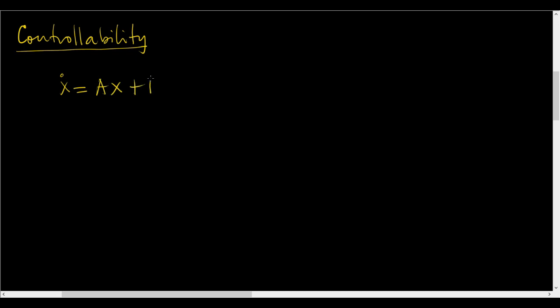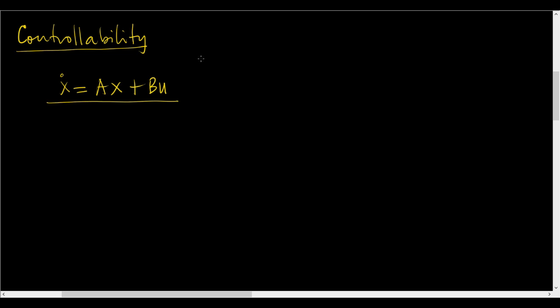We are going to try to understand something called controllability. So let us say our system is x dot is equal to ax plus bu.